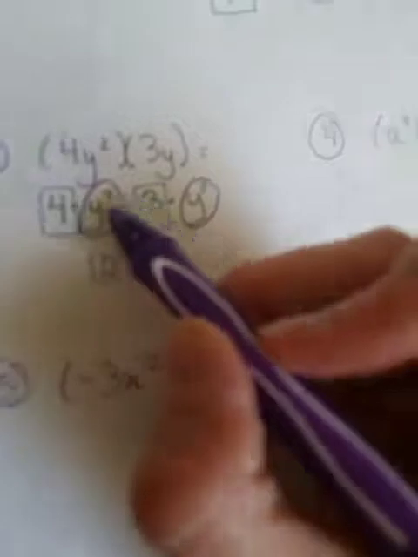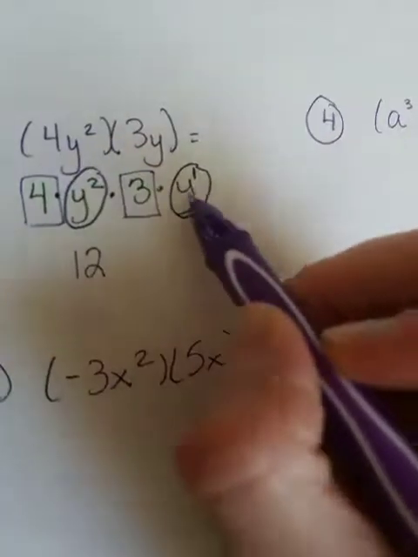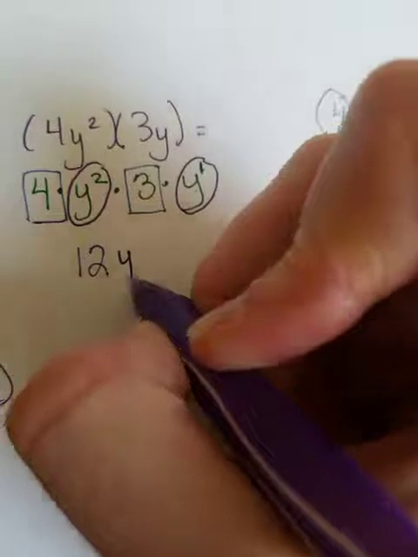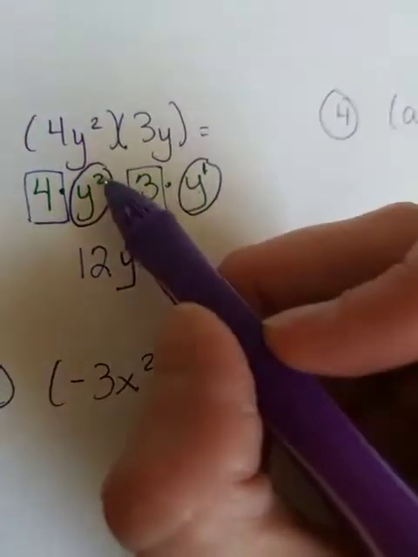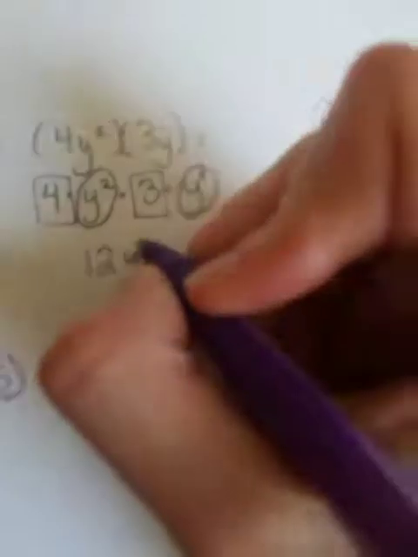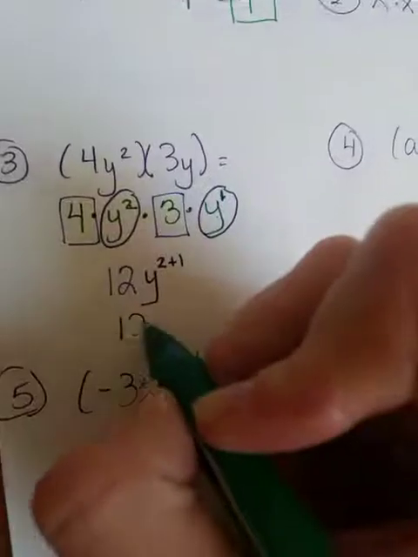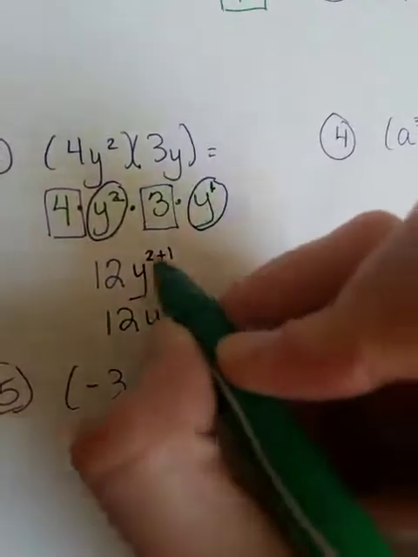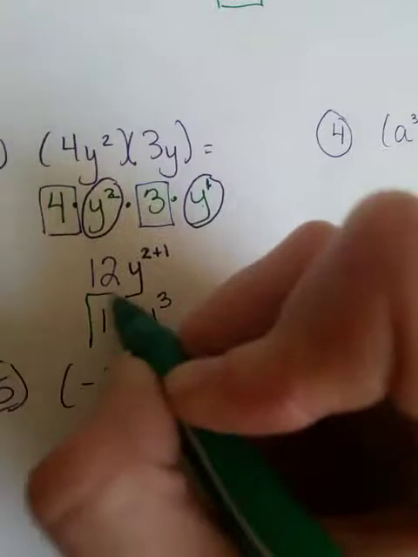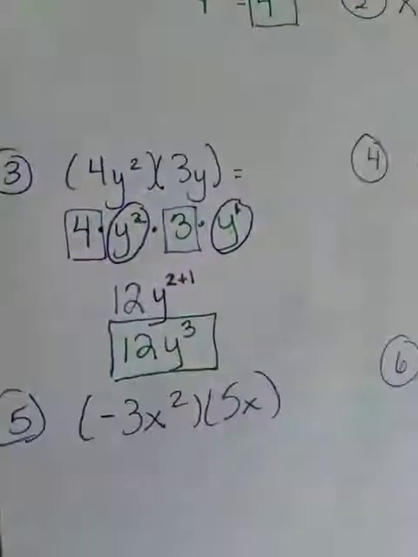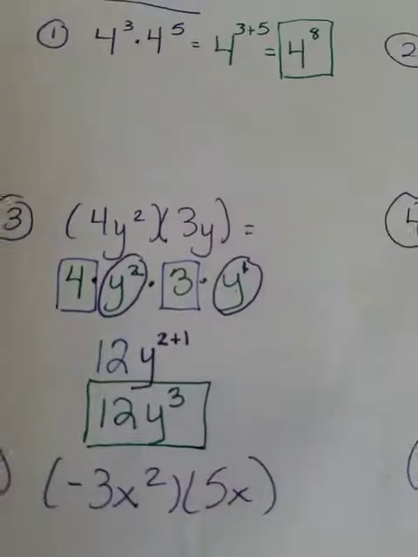So I'm multiplying y to the 2nd times y to the 1st. I keep my base, and I add my exponents, 2 plus 1. Okay, and I'll just rewrite this whole thing. So my answer is 12 y, 2 plus 1 is 3. And to be clear, it's just y that is to the power of 3, not 12.